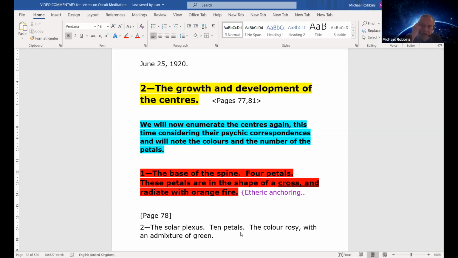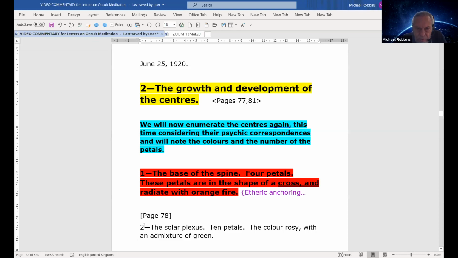So it's got 10 petals, and the color is rosy color. It's not one of the major colors, but it is a color associated with the 6th ray and with an admixture of green.